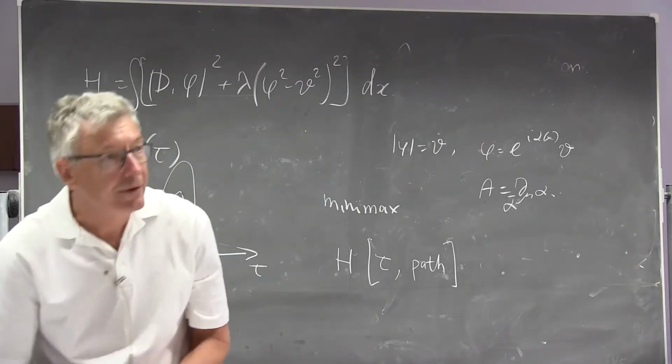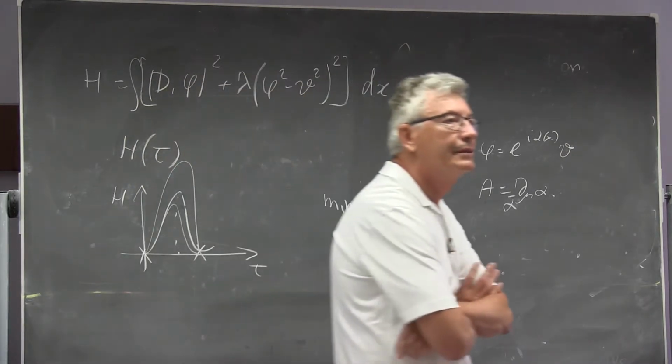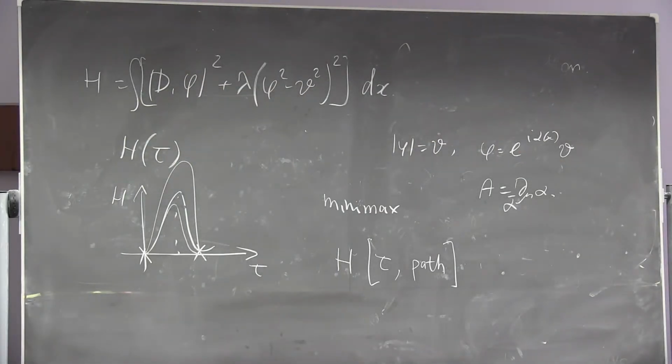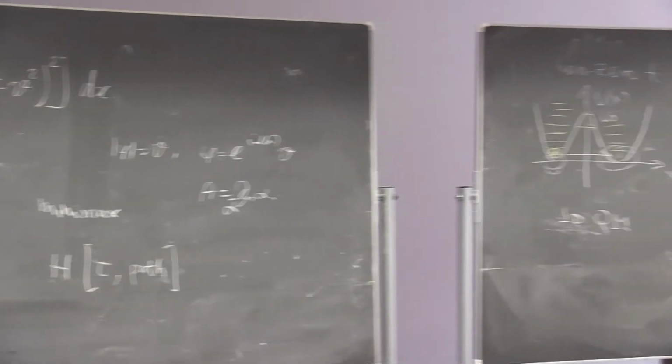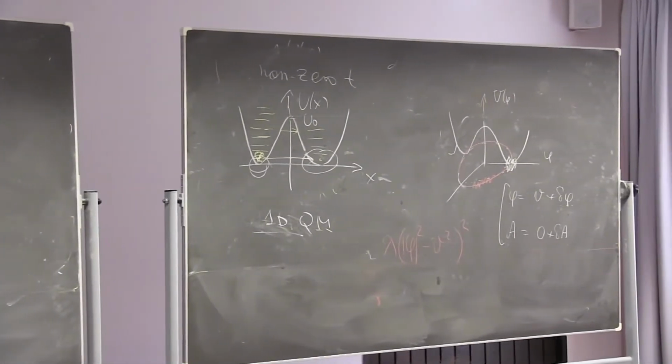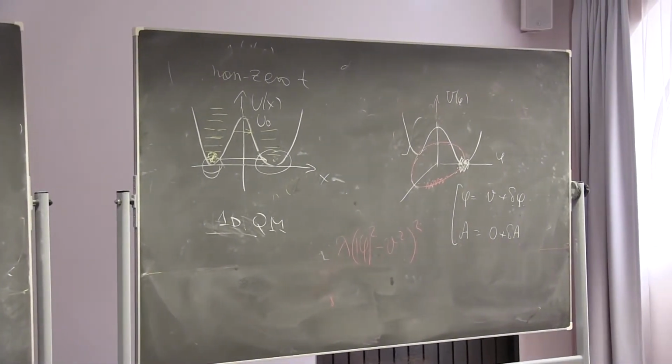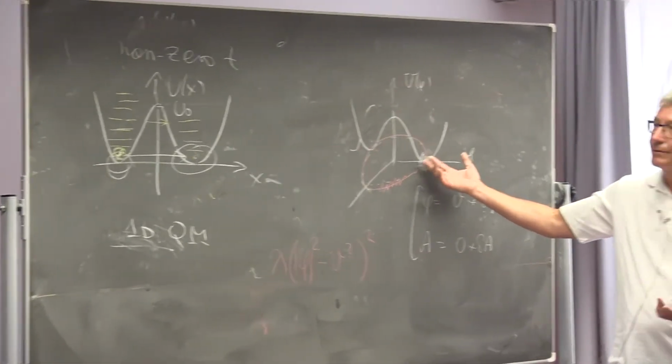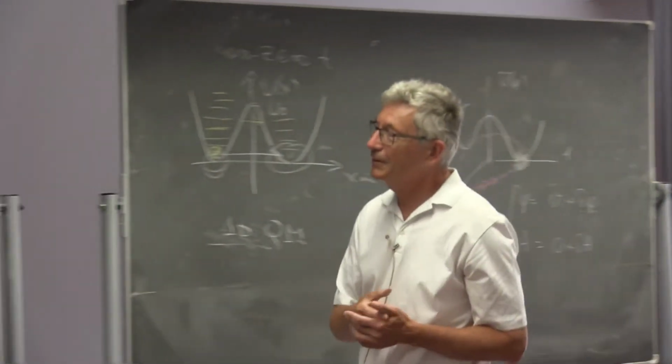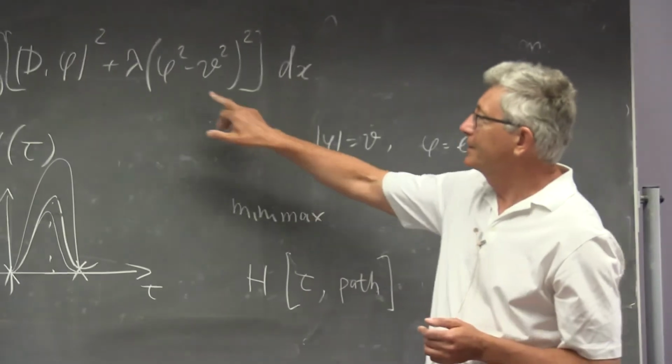Maybe there's some confusion over this Mexican hat. The Mexican hat assumes that phi is homogeneous, that there's no x dependence. But here there's x dependence. But this picture doesn't describe all configuration states. Yeah, that's also a correct point. Well, the Mexican hat doesn't say that phi is homogeneous.